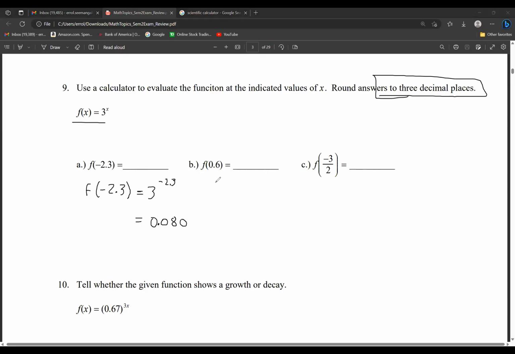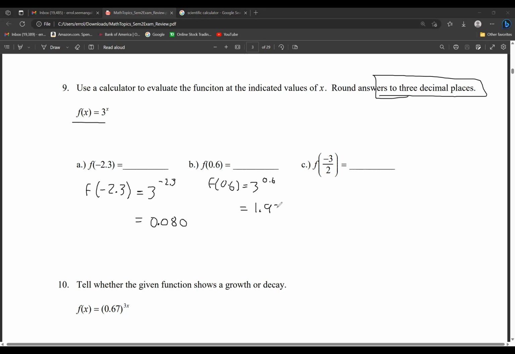Second one. Let's do this one. So this one will be f of 0.6 equals 3 to the 0.6. What's that one to 3 decimals? 1.93.